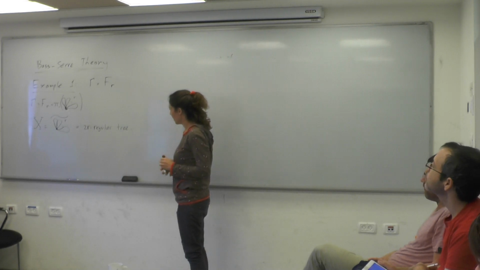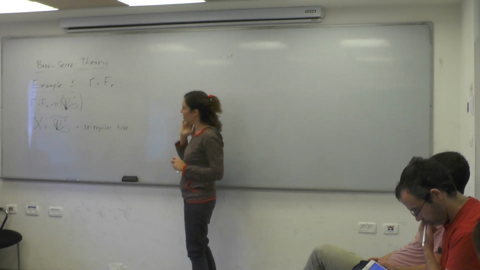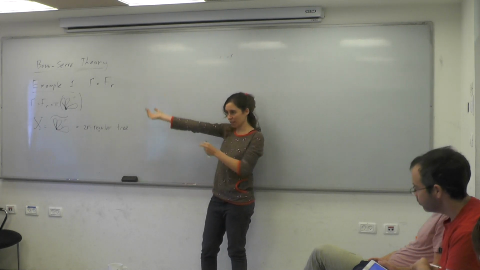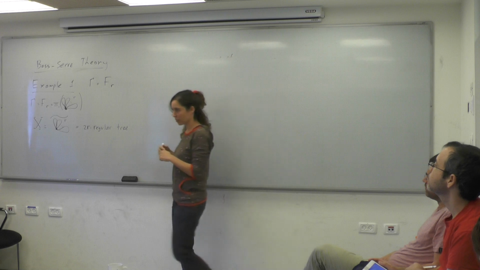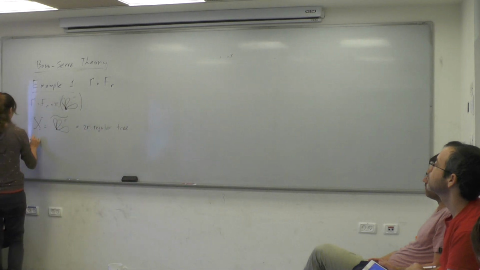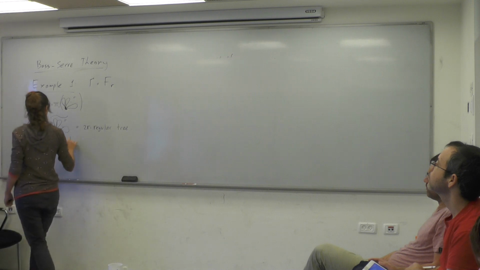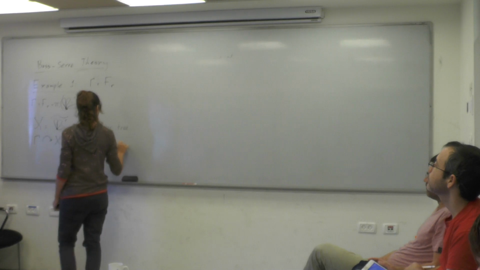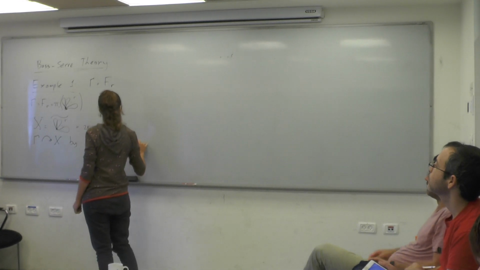So this is the universal cover X, and we know that the group gamma acts on the universal cover by deck transformations, right? So we know that gamma acts on this X by deck transformations.